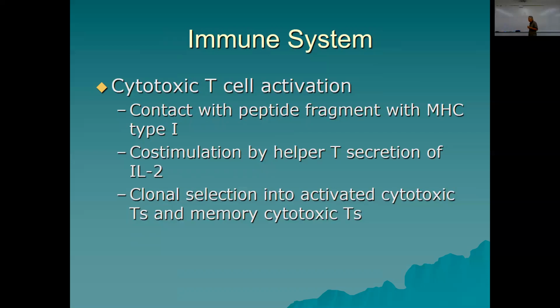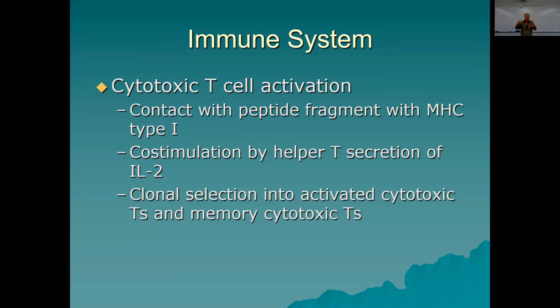Okay, so cytotoxic T cell activation: contact with a peptide fragment with MHC type 1, then co-stimulation by helper T cell secretion of interleukin-2. Both these cells have the same T cell receptor for the same foreign protein. One of them has the co-receptor CD4, the other T cell has CD8. The CD8, remember, only reacts with MHC type 1.